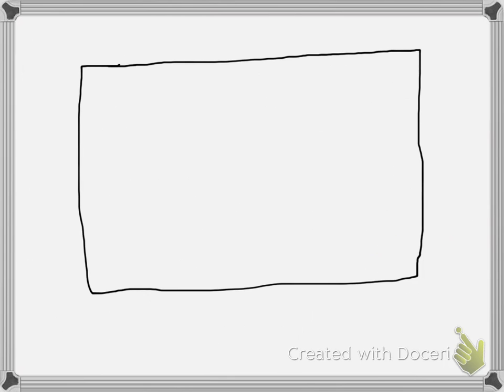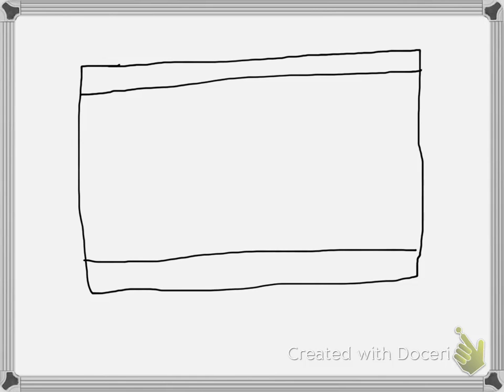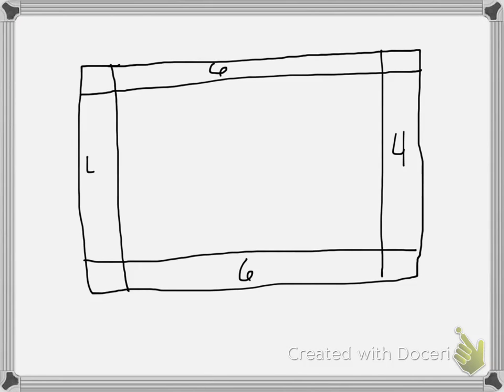So we need to set everything up as far as what we know. Here's our poster. We have a top margin and a bottom margin of 6 centimeters, and we have side margins of 4 centimeters, and of course this isn't to scale, just thought I'd throw that in there.